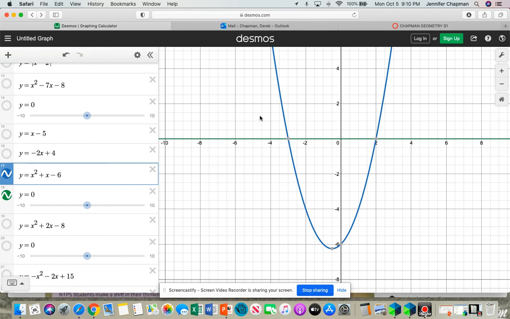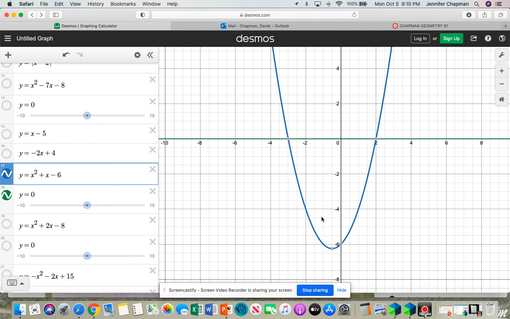The problem says x squared plus x minus 6 is less than 0. Take a look at zone 2, between my two x-intercepts. My parabola, that blue function, is all below that green line. It's all less than 0. So unlike problem number 15, I want to keep zone 2.